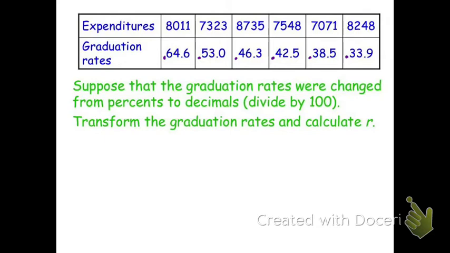Divide by 100. You could go to L3 and then divide by 100, L2 divided by 100. Okay, it's an error. You just get the R.